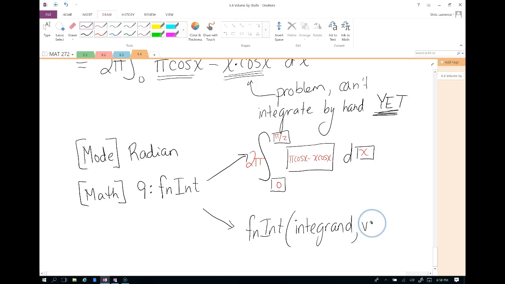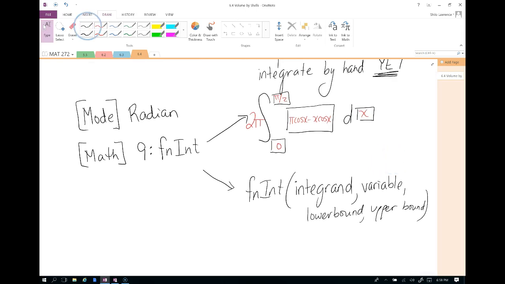And then you type in your variable, and then you type in your lower bound and your upper bound. And you separate them all with a comma, and there is a comma on your keypad on your calculator right above the 7.